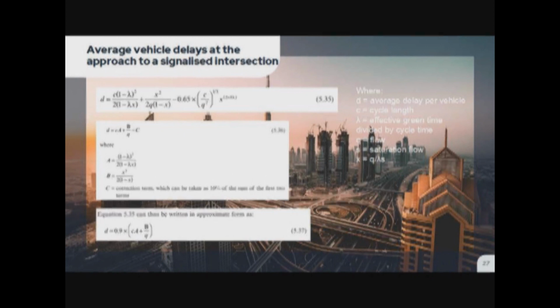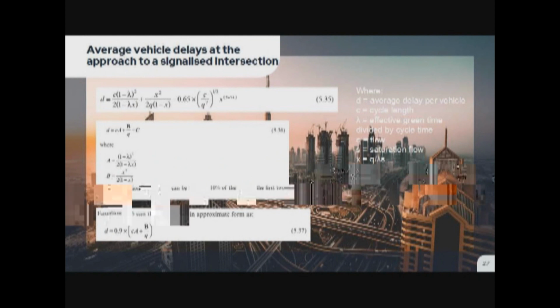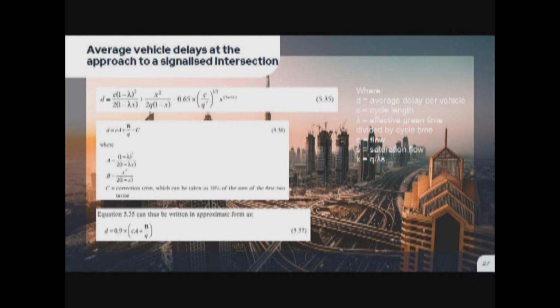So the above formula can be written as D equals C times (A plus B) plus the correction term, which is equation 5.36, where A is equal to (1 minus lambda) squared over 2 times (1 minus lambda x), and B is equal to x squared over 2 times (1 minus x).